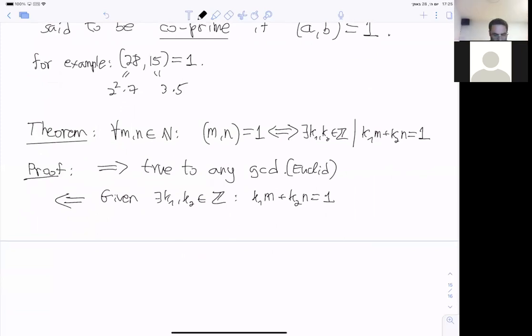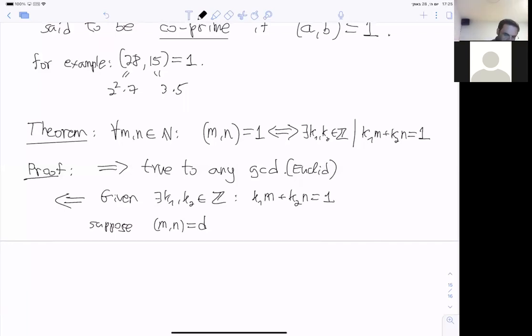So suppose the GCD of M and N is D. Now we want to show that if this holds, then this D is 1.